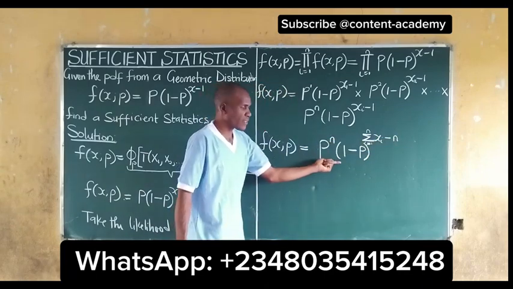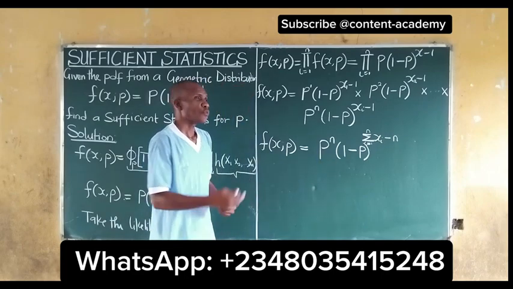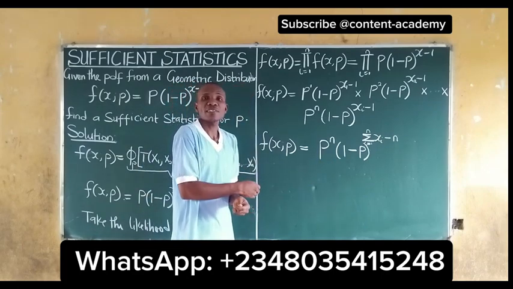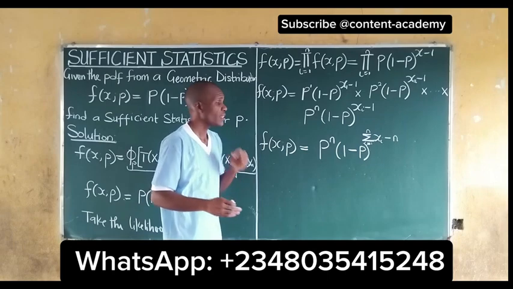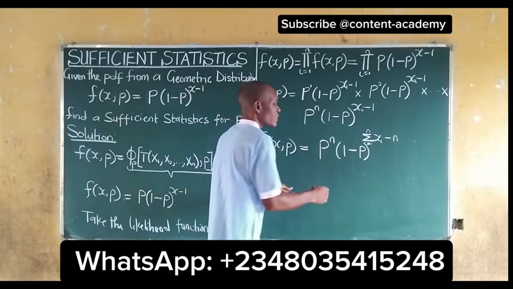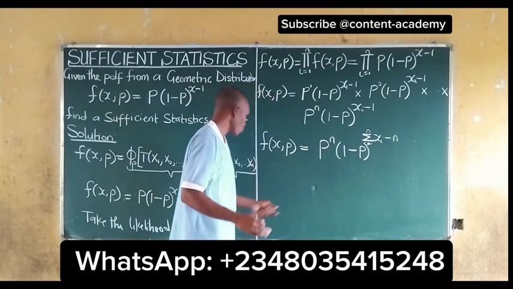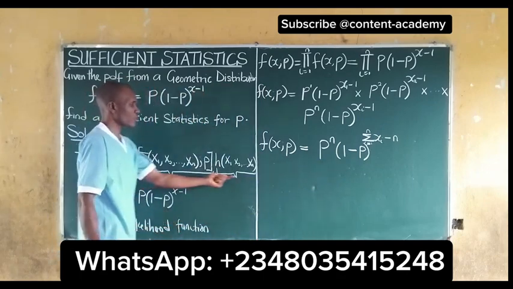After this, we can now compare with what we have as the factorization theorem. We said for a statistic to be sufficient, it needs to be factored into two components, that means this part and this other part.